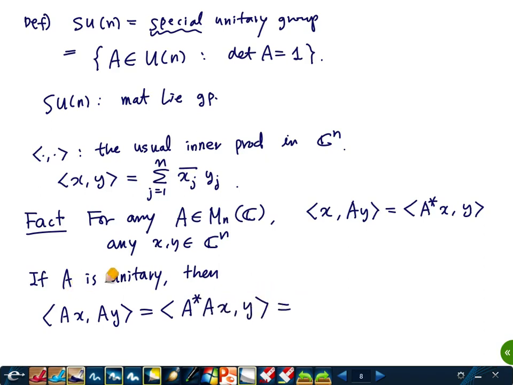But if A is unitary, we know that A adjoint is the inverse. So this is the identity, and it's the inner product of x and y. Usually in this situation, we say that A preserves the inner product.